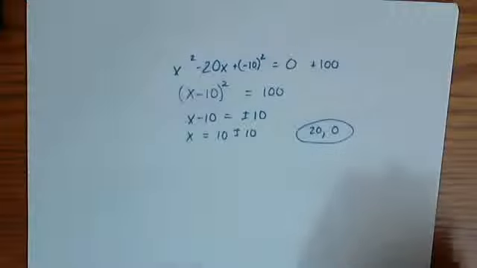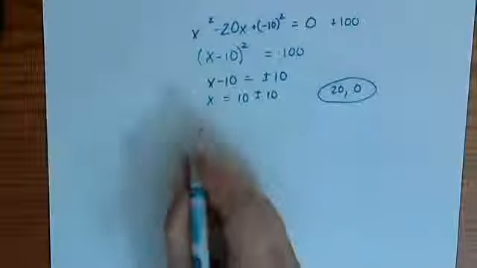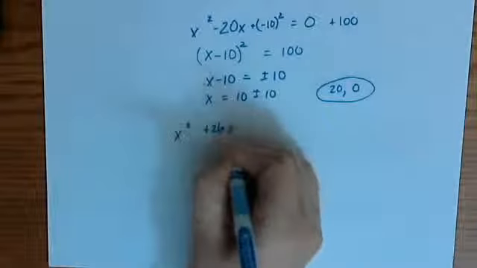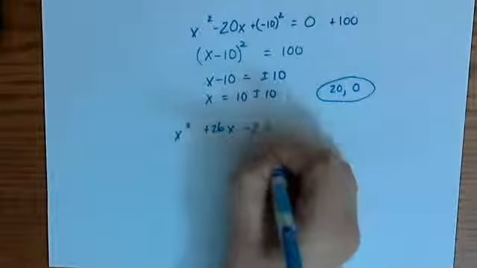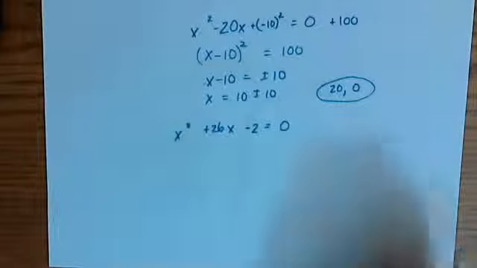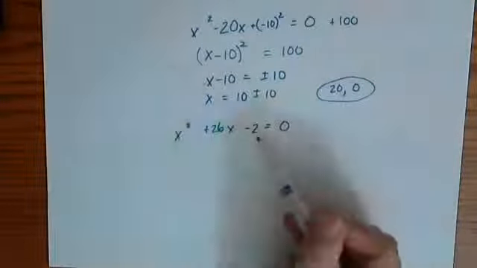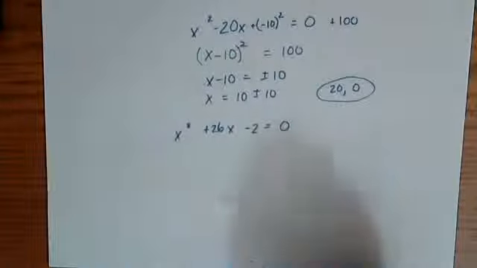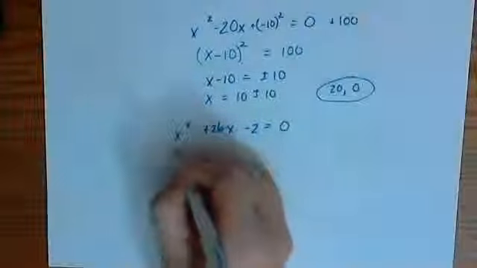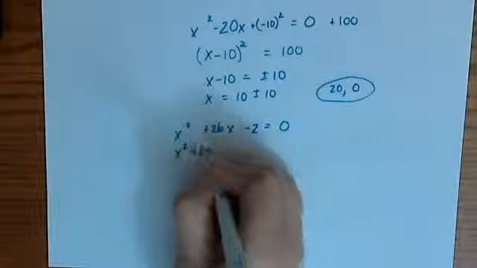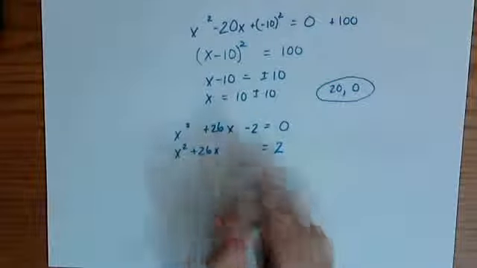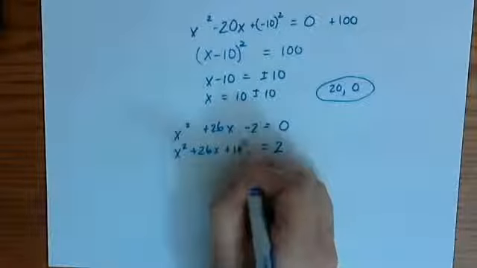Let's do one more like that. We will do x squared plus 26x minus 2 equals 0. Okay. We could try to factor that, two numbers that multiply to be negative 2 and add to be 26, but I don't really want to do that. How about you? Let's just complete the square because it's easier. Divide by 2, it's 13, so plus 13 squared.